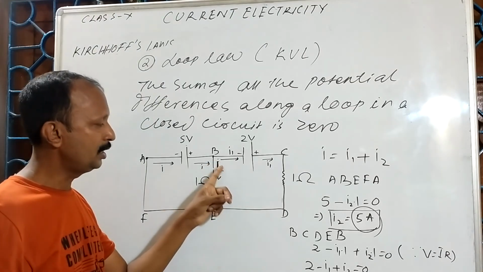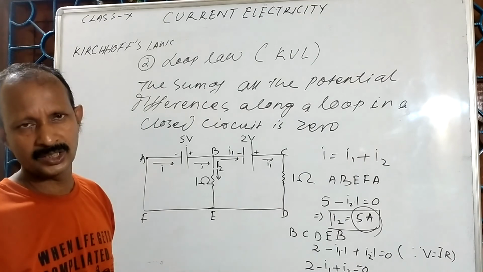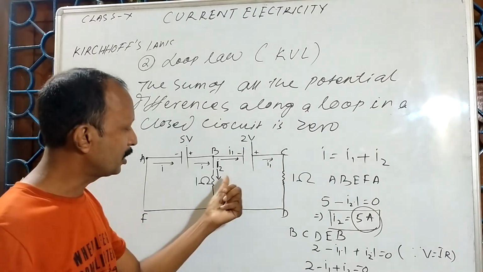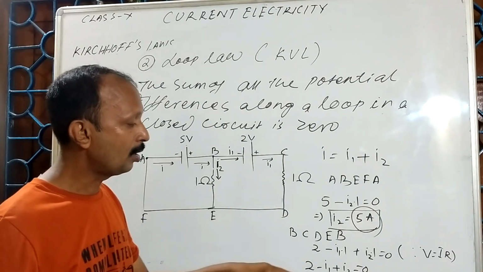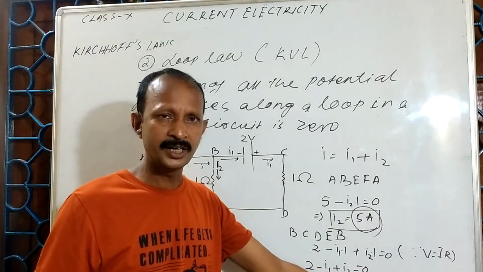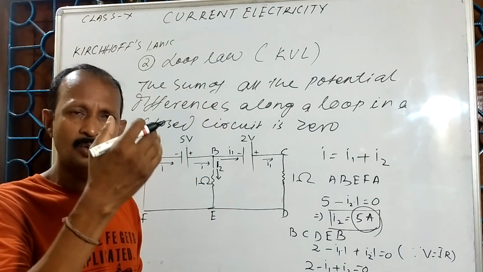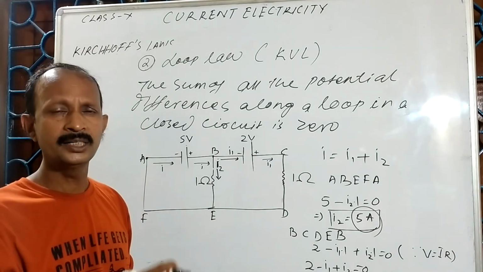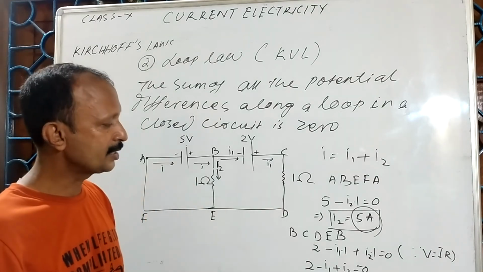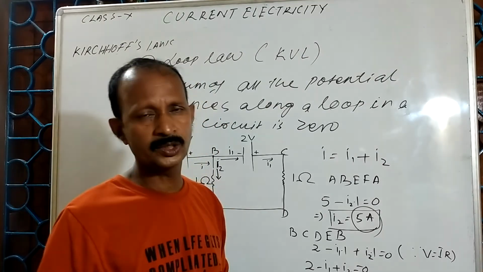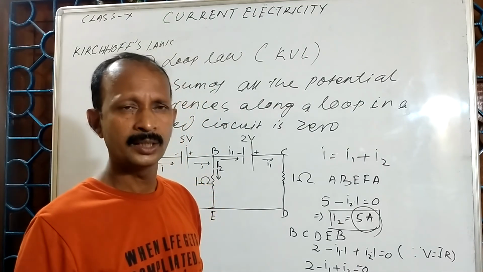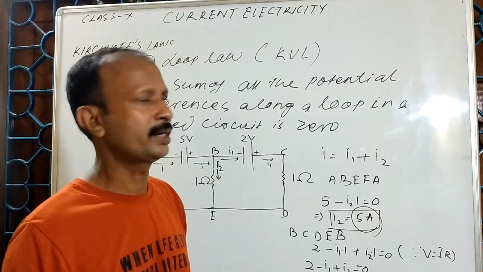So easily we can find its direction without confusion. If the answer came negative, that means the direction we decided is reversed. If the answer is positive, the direction we thought is exactly correct.